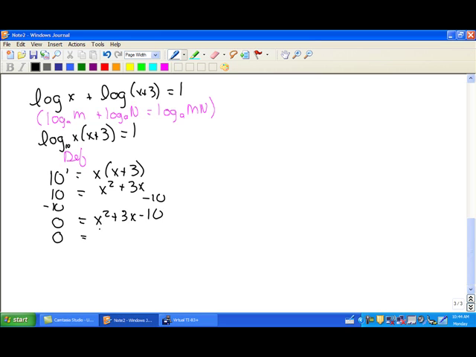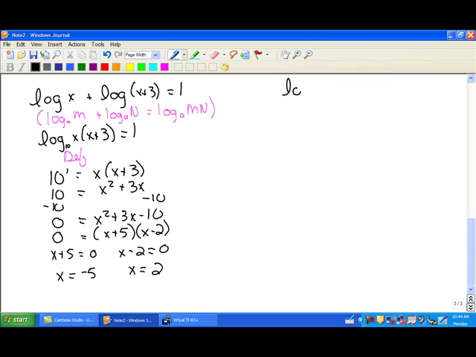Solve that problem. This one will solve by factoring into x plus 5 and x minus 2. Setting each piece equal to 0, x plus 5 equals 0, and x minus 2 equals 0. The two answers we're going to come up with are x equals -5 and x equals +2. At this point, it looks like we have two answers, but you need to remember the domain of logarithms.